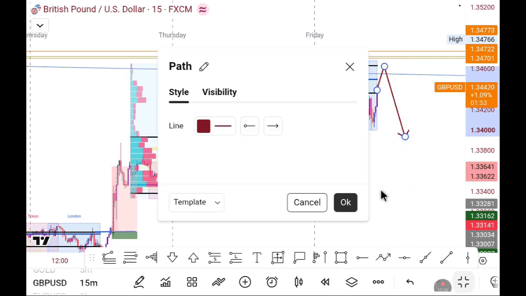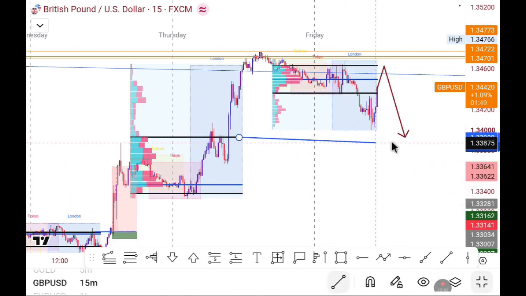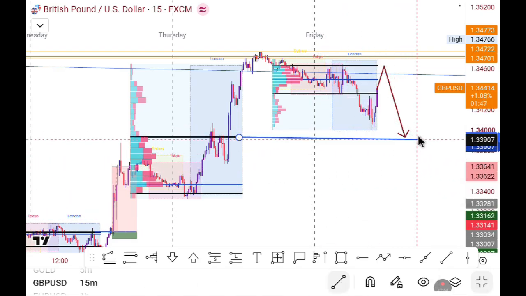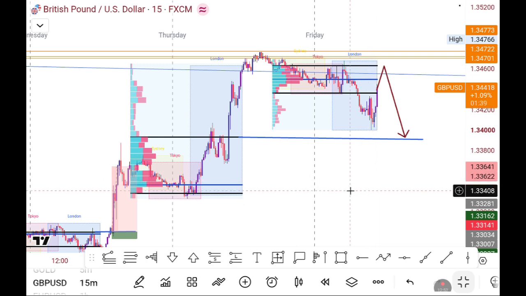Yeah, to this point. That's what I'm hoping the market does on Monday.